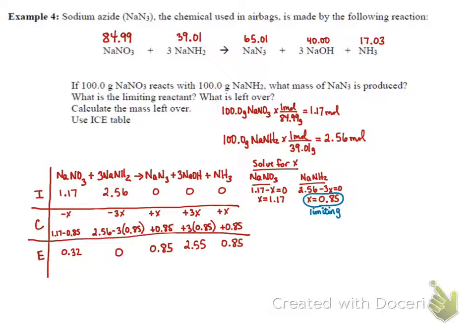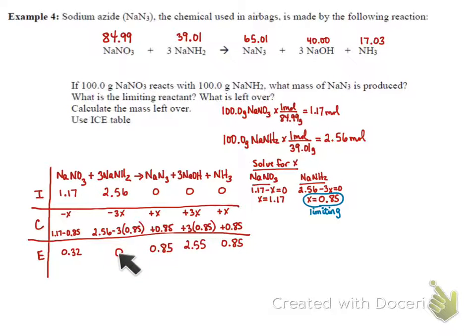So x is 0.85, and we use that as a factor to calculate what's left at the end. Since sodium nitrate is not used up, we are going to have leftovers. So 1.17 minus 1x gives us 0.32 left over. Sodium amide all gets used up, so this is how we figured out x.